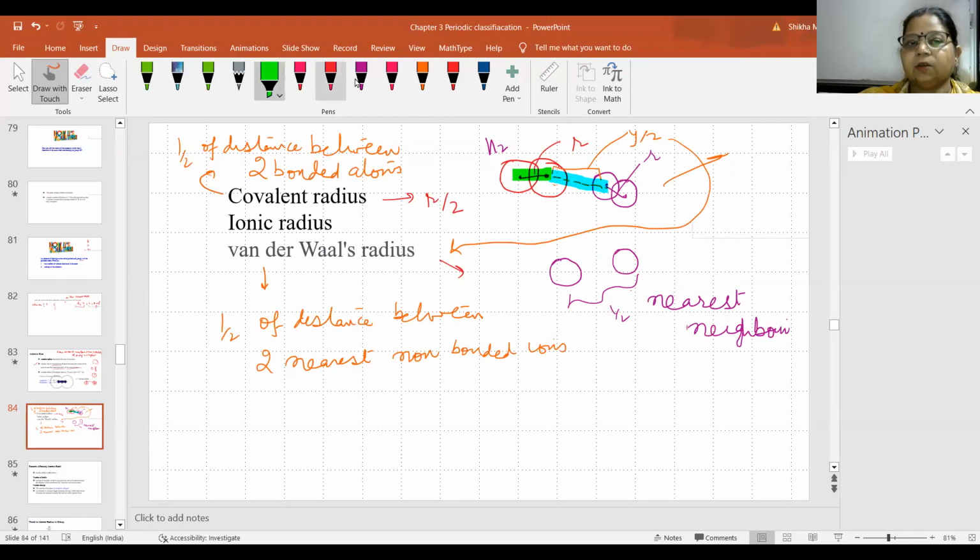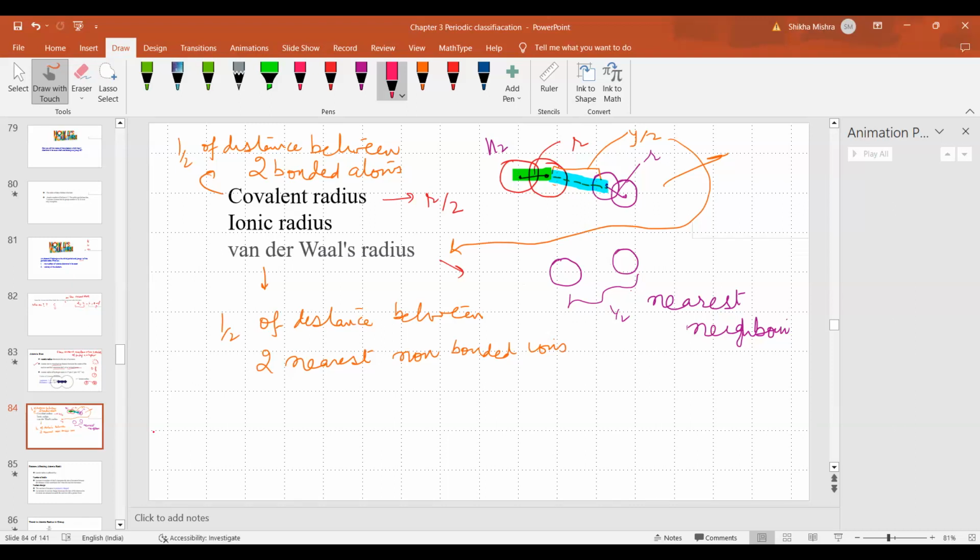So what we can conclude is, for a particular element, van der Waals radius is always larger than covalent radius. Is it clear to all of you?